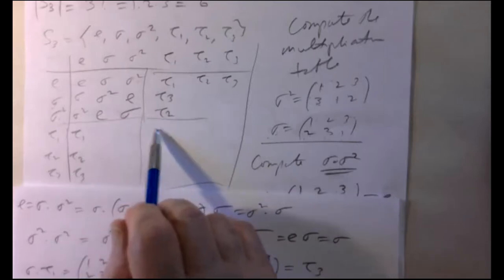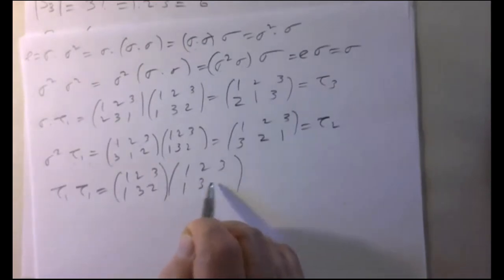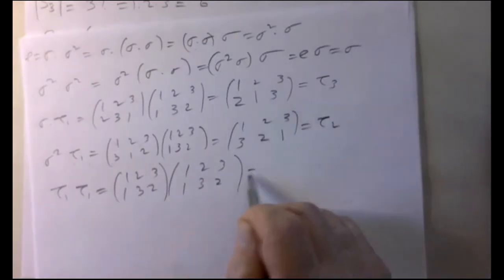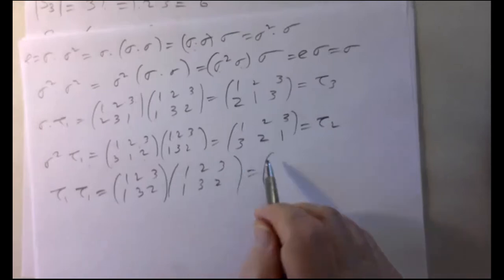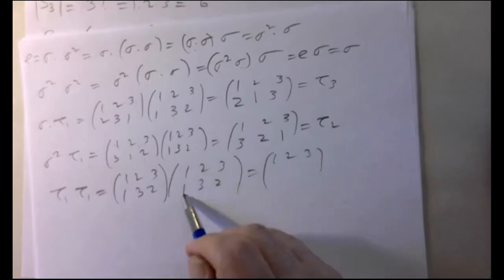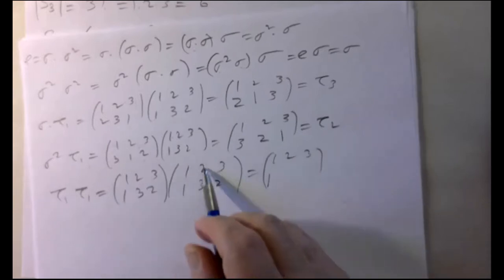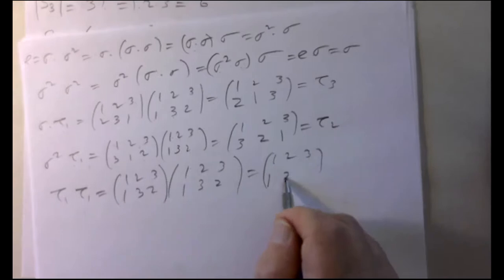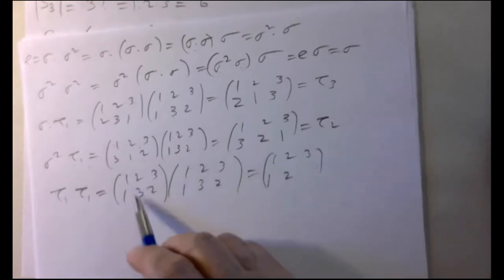What goes in here? This is tau 1, tau 1. Tau 1 fixes 1 and interchanges 2 and 3. So when you square tau 1, or multiply it by itself, 1 goes to 1 goes to 1, 2 goes to 3 goes back to 2, 3 goes to 2 goes back to 3.